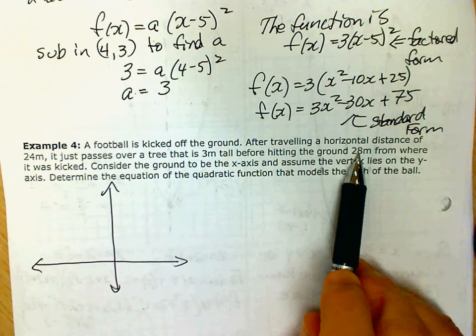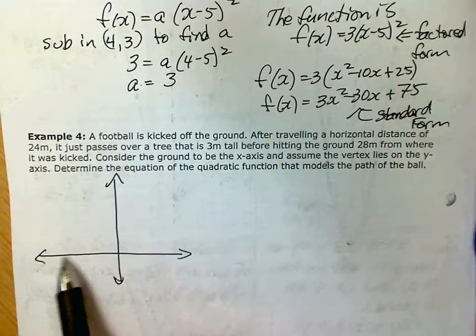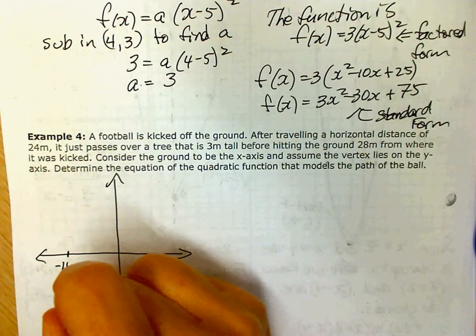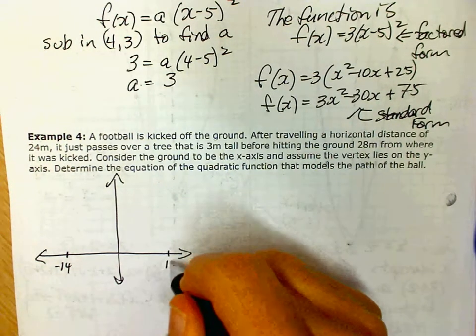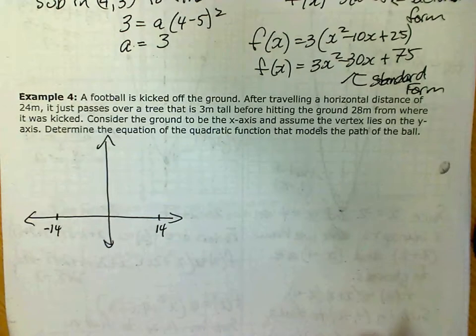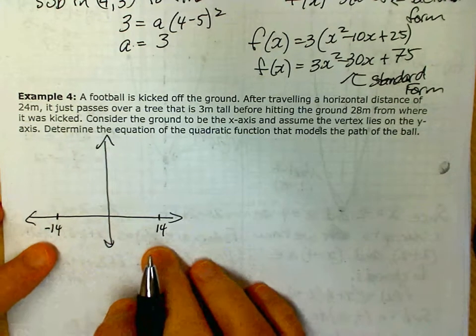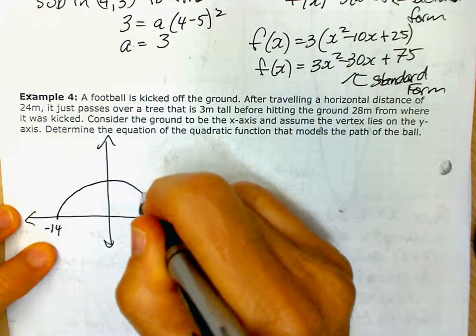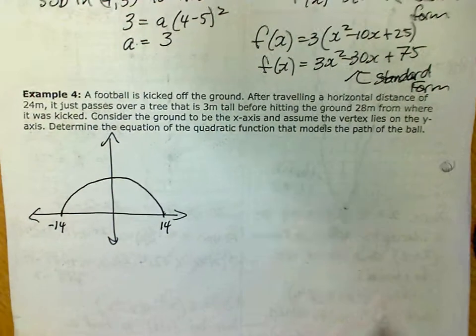So the easiest way is maybe to put 14 meters on this side and 14 meters on that side, for a total of 28 meters. So you have this ball traveling 28 meters.